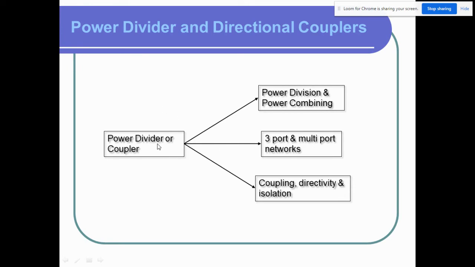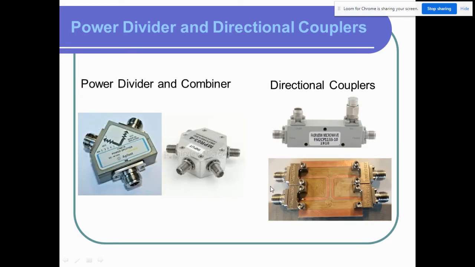This power divider and coupler can be 3-port and multi-port, and I showed you already that power divider can be 3-port or multi-port, and coupler is usually 4-port, but they have 3-port and multi-port also. And there is a through port here. If you go here, this is called directivity. This between these two is called coupling, and this one is called isolation. Later on we'll talk about it.